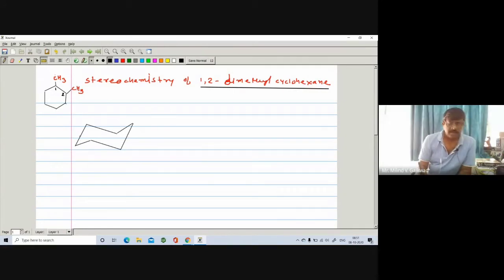So there is one cyclohexane. We can draw its ring flipping. The conversion of one chair into the other chair is called ring flipping. So this undergoes ring flipping and you will get the corresponding conformational isomer. Here carbon number 1, suppose, will go down, so this will go upward.